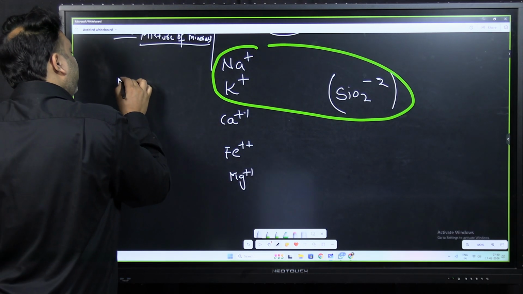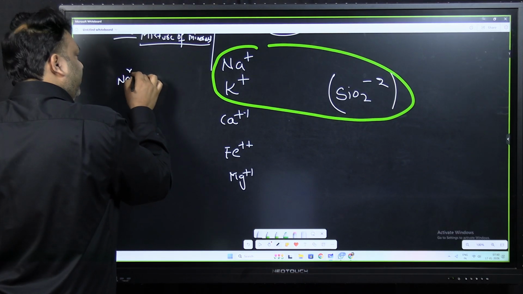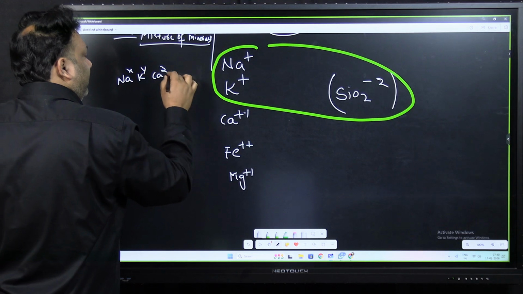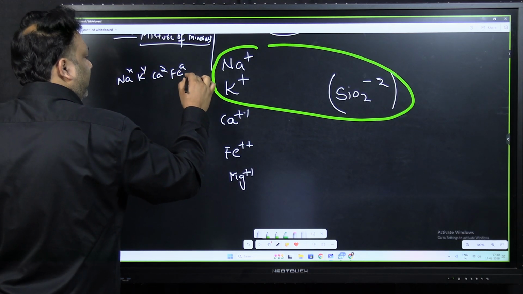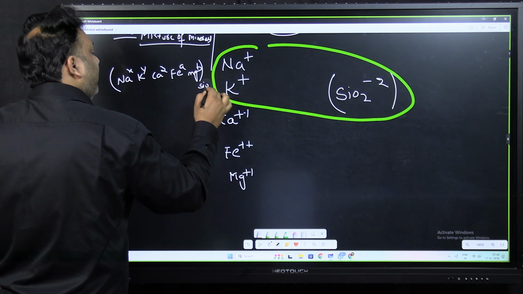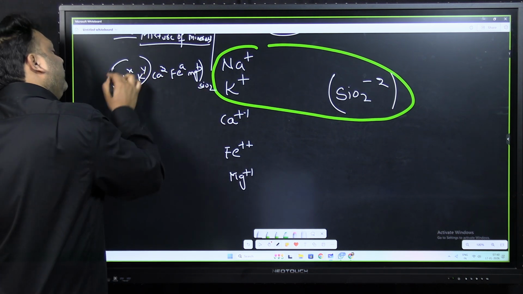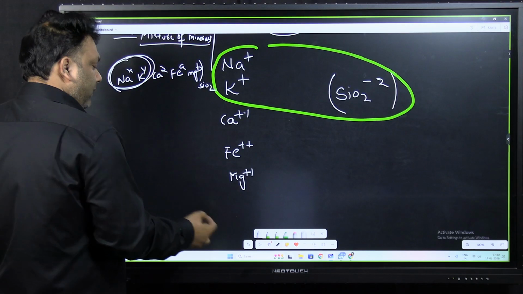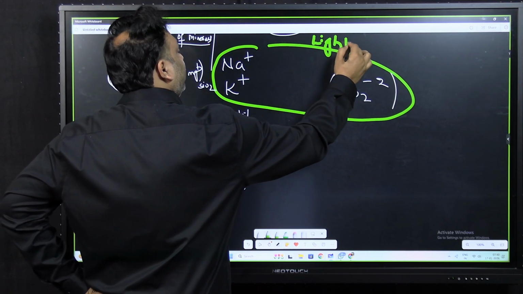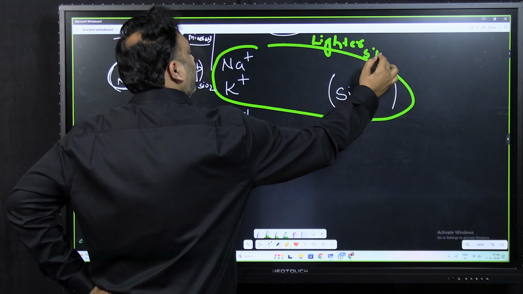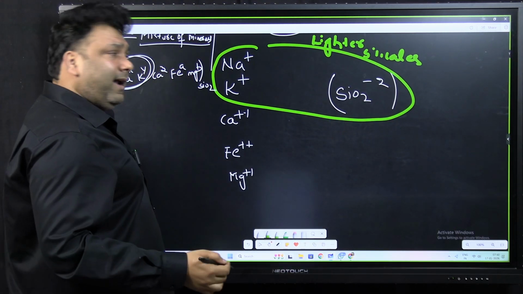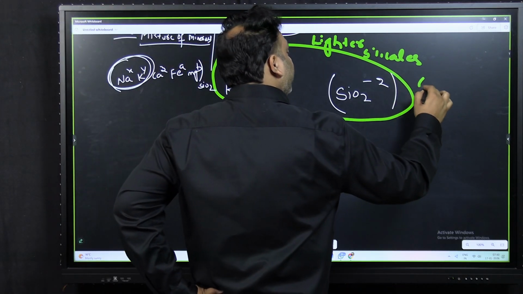Say something is made up of Na X, K Y, Ca Z, Fe A, Mg B, and SiO2, but the quantity of sodium and potassium is more. These are called lighter silicates, and these lighter silicates are mostly present in the crust.